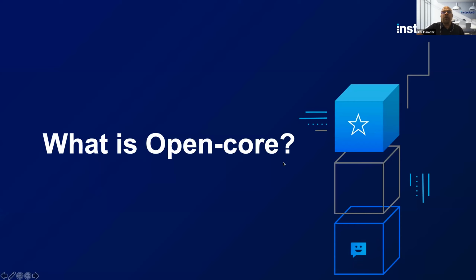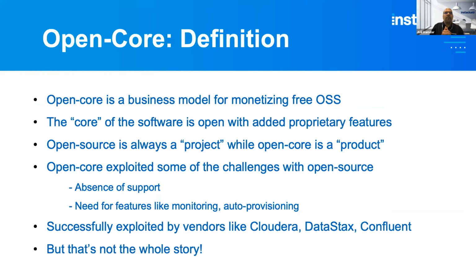So what is open core? So far we've talked about open source. So what is this open core? Now, as open source is free, how can you make money? So a popular business model came into being called open core. Open core is a business model to monetize free open source software.